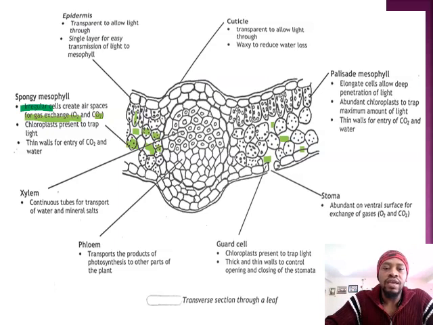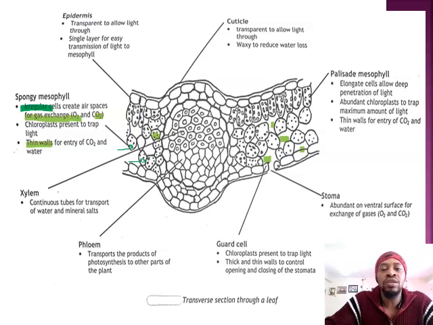Again, the spongy mesophyll cells have thin walls. The walls are not thick. The walls are thin so that carbon dioxide and water can easily go in. At this point, we care mostly about what goes in, which are carbon dioxide and water.